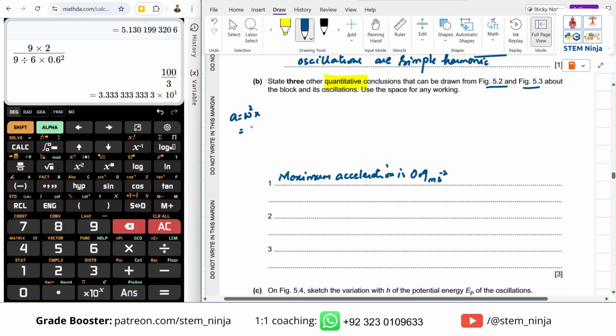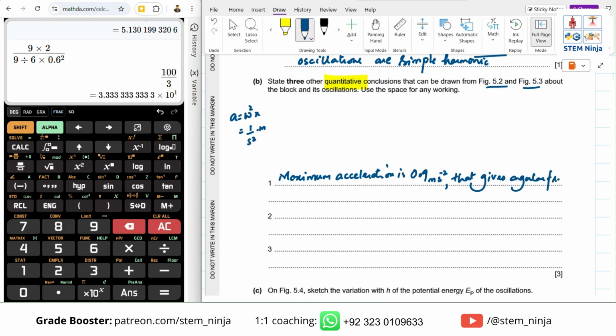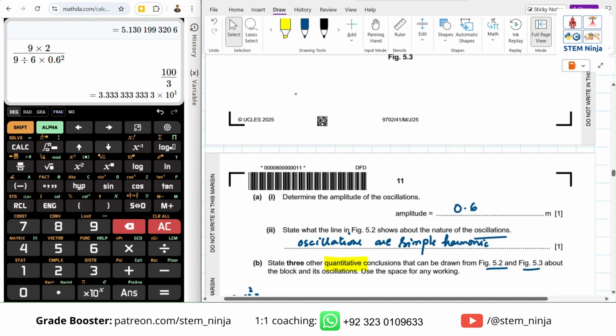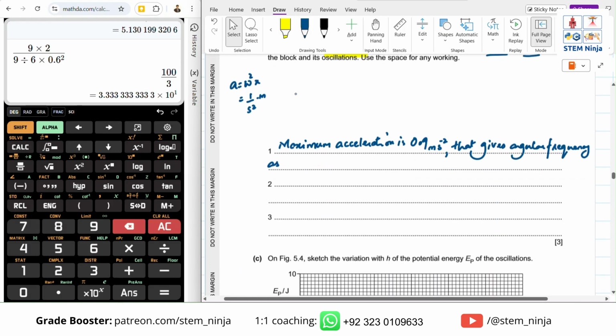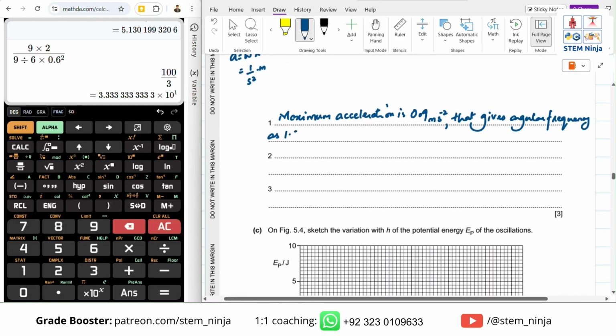Omega is 2 pi over t, so 1 over second squared times meter, so meters per second squared. That gives angular frequency, as we actually found, omega 1.225 radians per second.